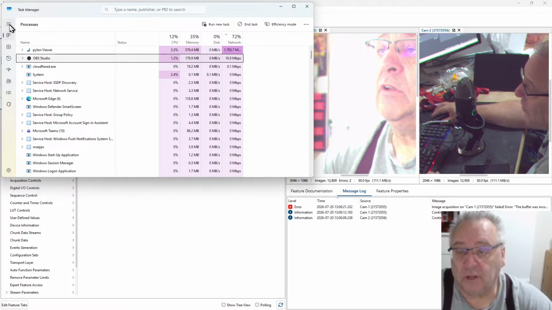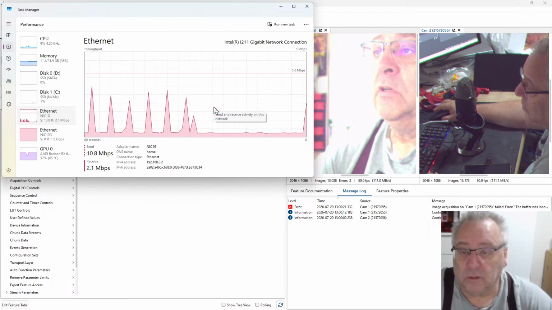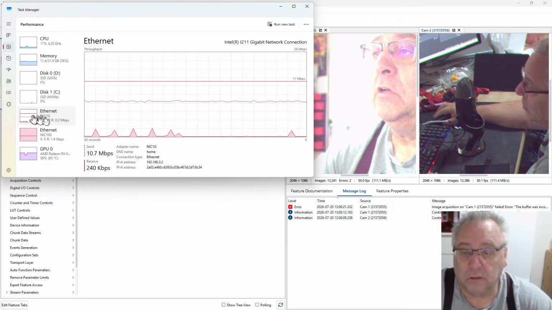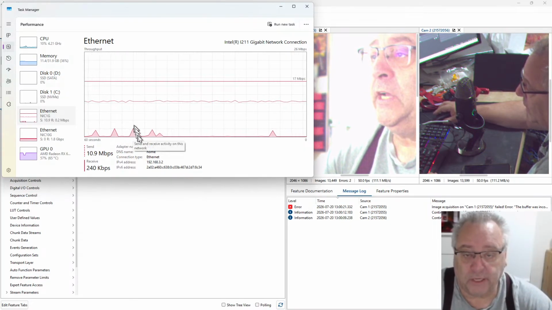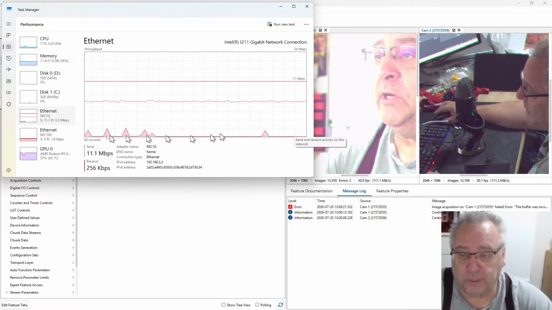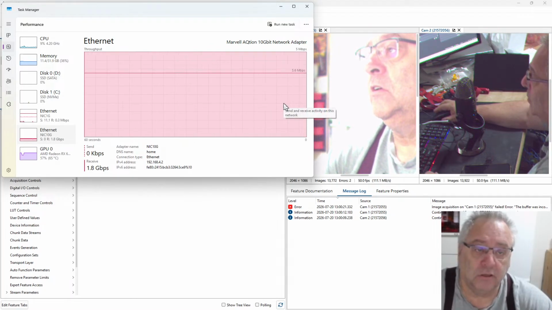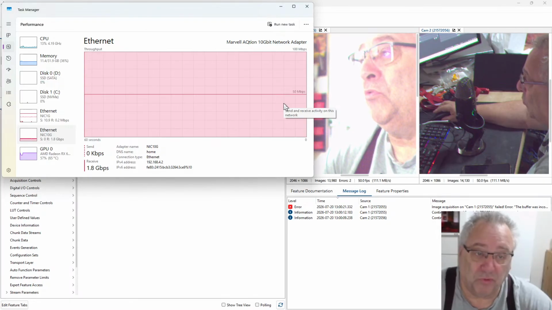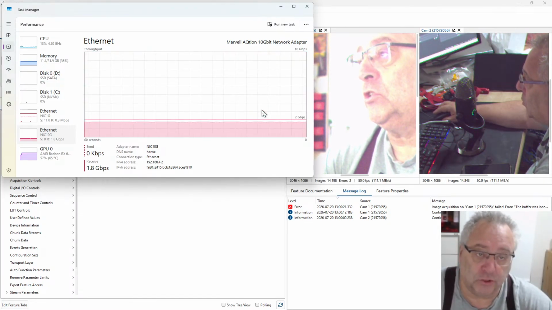So how does it look in this screen? Okay, so this is the 1 gig NIC. So that's the internet. Some little spikes, nothing special. And then the 10 gigabit NIC, which can process at the moment 2.5 gigabits per second.